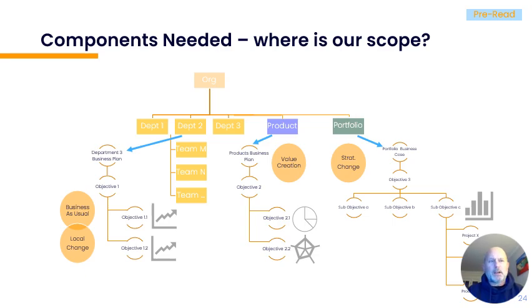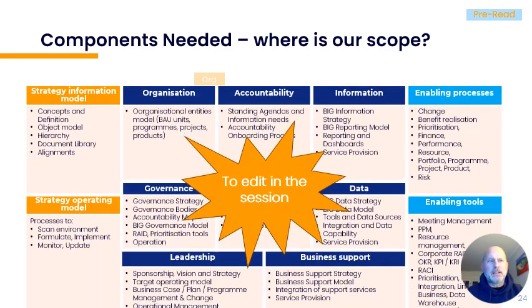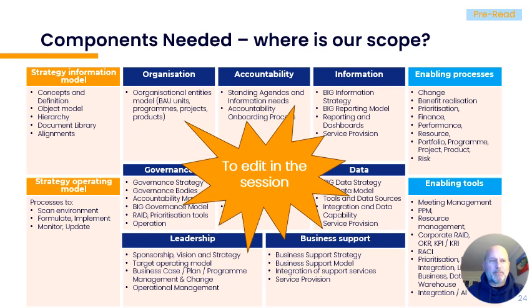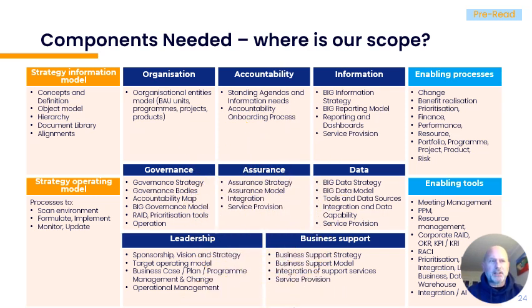Once we know what our scope is that way, then we need to understand what we need to build to operate governance and deliver strategy across those. We need to know what we need to build. So what we've got here in the session is an opportunity to look back at the pains we've identified, to look at the readiness model as to what the issues are there, to look back at the canvas as to what our pains have been, and start to think which of these building blocks we're going to need.